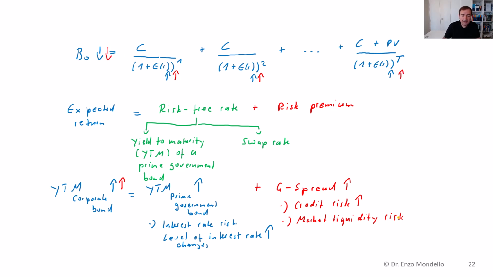Similarly, if the market liquidity risk of the bond increases, then this is reflected in a higher G-spread. A higher G-spread results in a higher yield to maturity of the corporate bond, and a higher discount rate results in a lower bond price. So we see the risk factors of an option-free bond are interest rate risk, credit risk, and market liquidity risk.